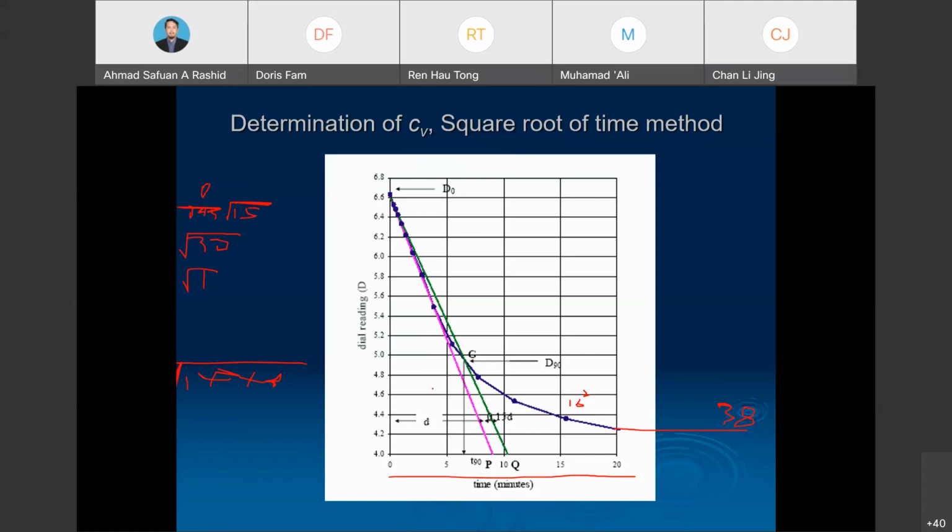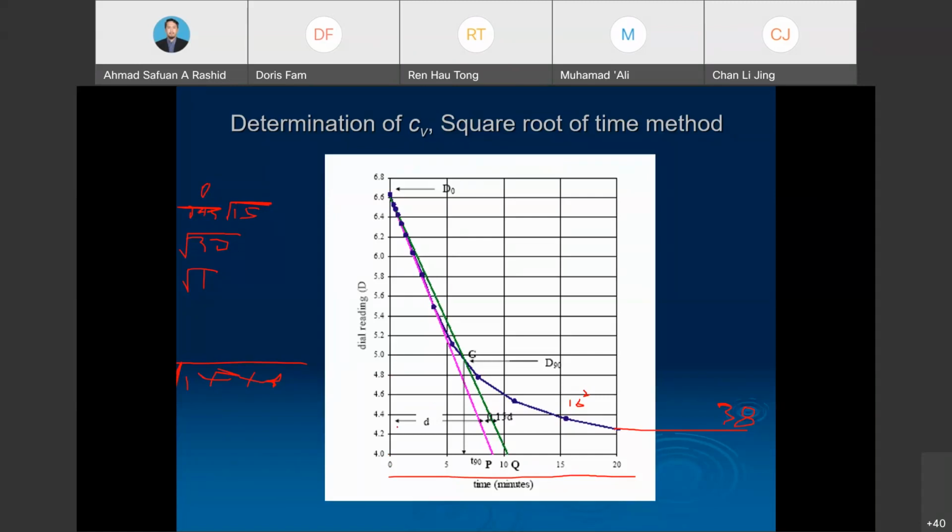The next step is to try to get any distance between the y-axis to any point on the pink line.